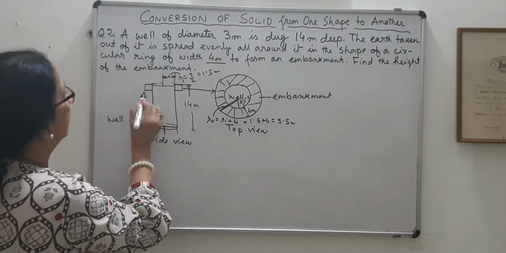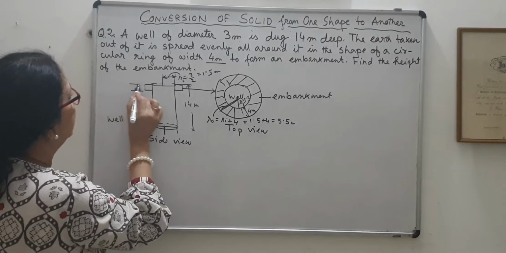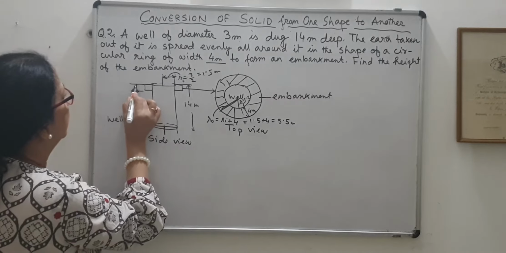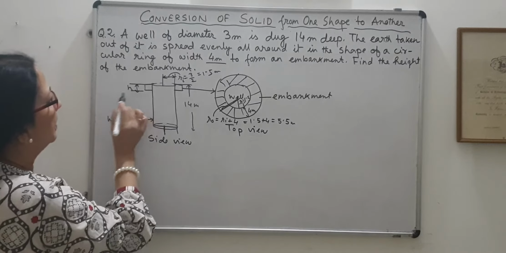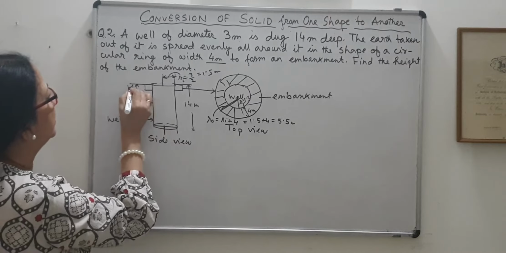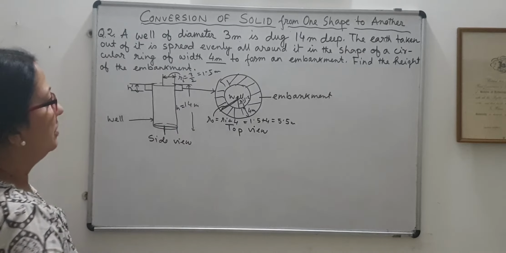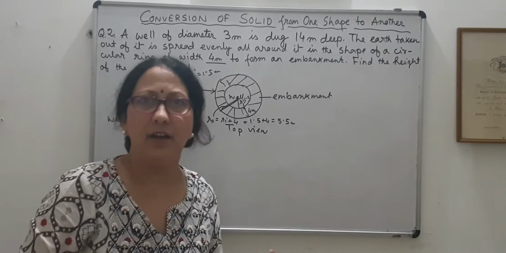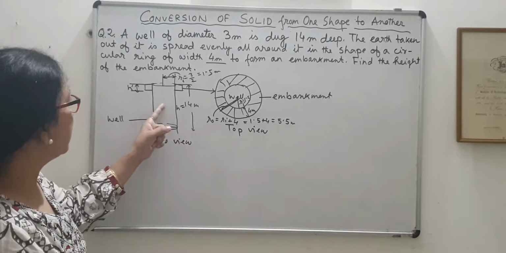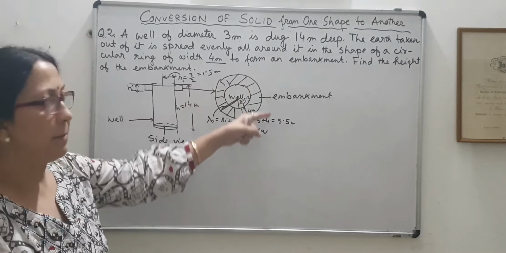Now what do you have to find? You have to find this height of the embankment. Say this is H dash and this is your H, 14. So here again, now what's the idea? You see, the volume of this well is the volume of this embankment.